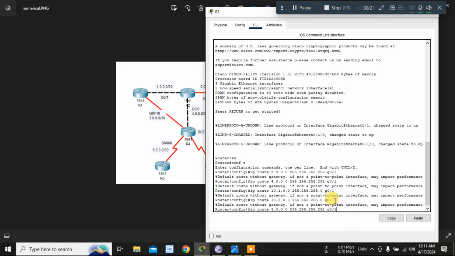Or I can do one thing: I will provide both the routes, but I will provide the administrative distance value, AD value. Let me show you.